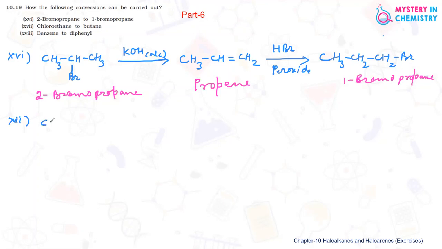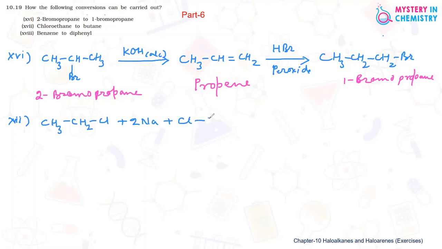Chloroethane, CH3, CH2Cl. To remember the product, the best way is to write it like this only. And this you can recognize very easily if the reactant is having lesser number of carbon atoms and product is having just double number of carbon atoms. That means we are using the Wurtz reaction.